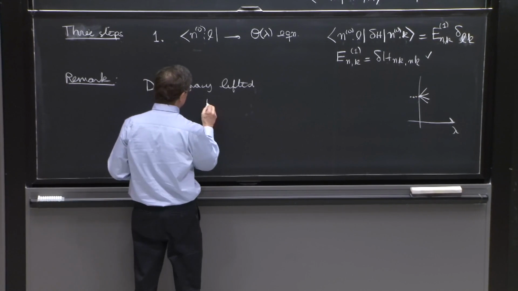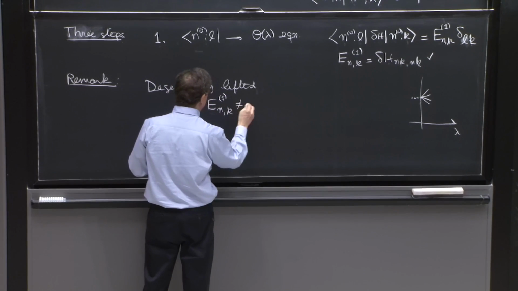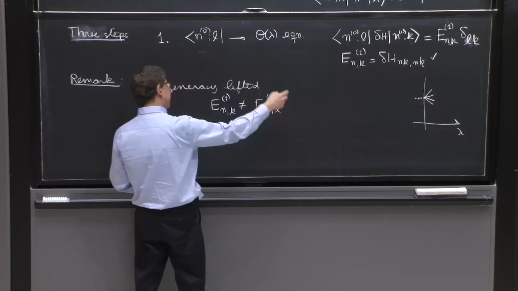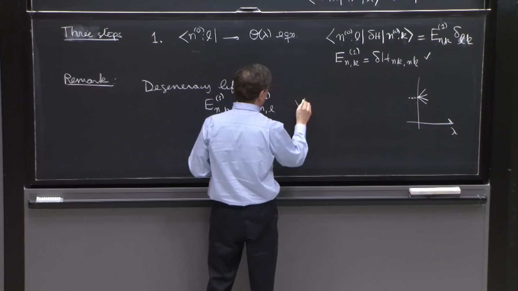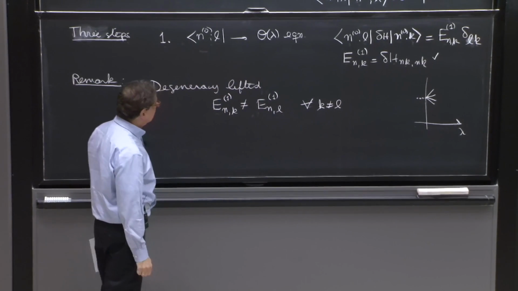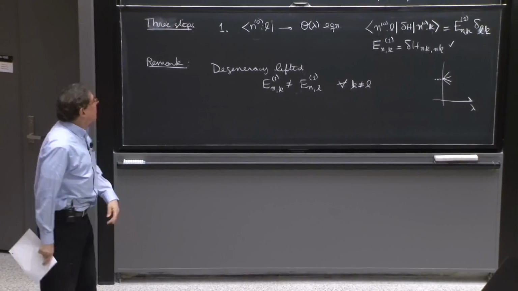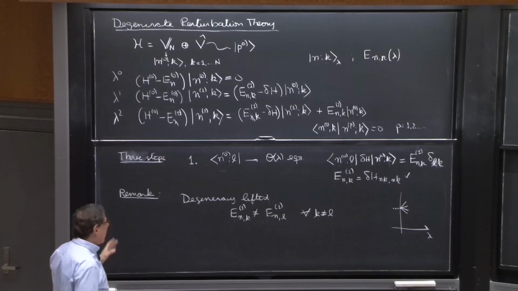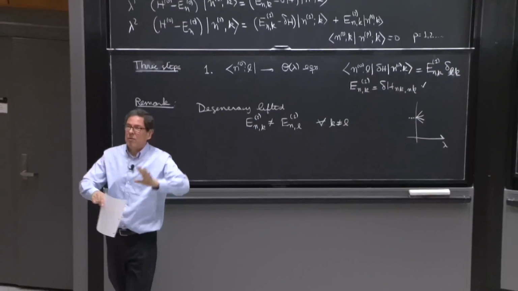So this means that ENK1 is different from ENL1. For the Lth state and for the Kth state, the first energy corrections are different for all K different from L. So for any 2 states that you pick from the list of your N, capital N, states there, their energies must be different. And then the degeneracy is lifted.